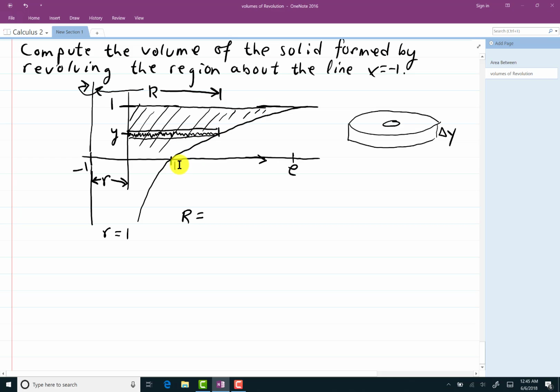This here was y equals ln x. But if I wanted to change it to an x value, I can rewrite that as x equals e to the y. Isn't that so? I can change this equation to x equals e to the y. Now I got it in terms of y. That's important since this is the way I'm proceeding. So it's going to be that minus -1.